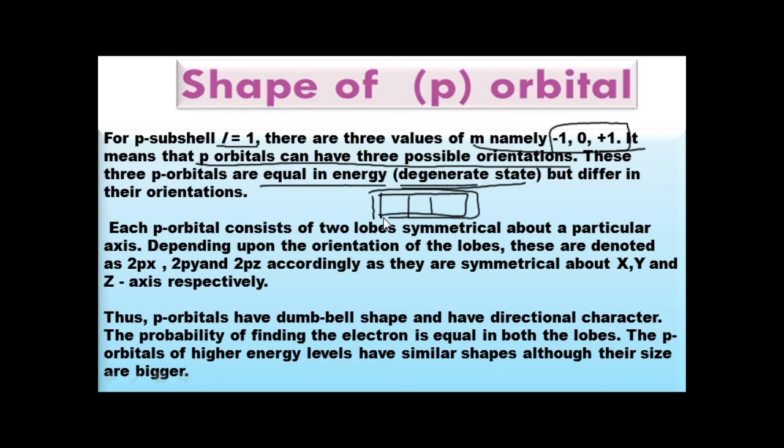The p orbital consists of 2 lobes and is symmetrical. Symmetrical means the same about the particular axis, depending upon the orientation of the lobes. This is a lobe. These are denoted 2px, 2py and 2pz, according as they are symmetrical about the x-axis, y-axis and z-axis.